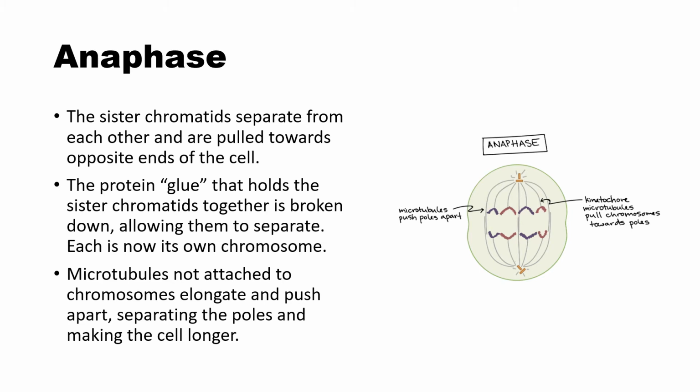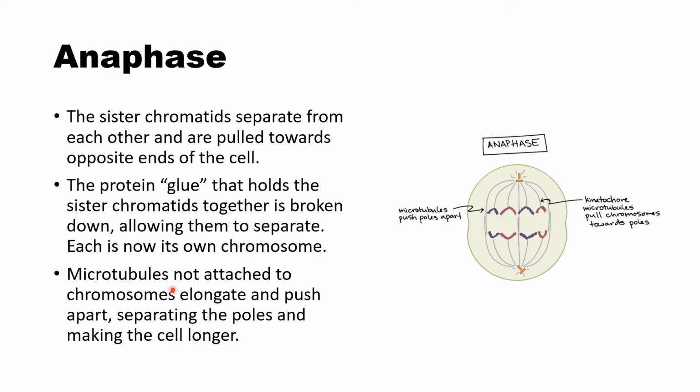So, in anaphase, the sister chromatids separate from each other and are pulled towards the opposite ends of the cell. So, the protein glue that holds the sister chromatids together is broken down, allowing them to separate. So, each is now its own chromosome.